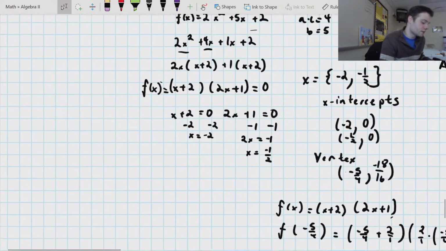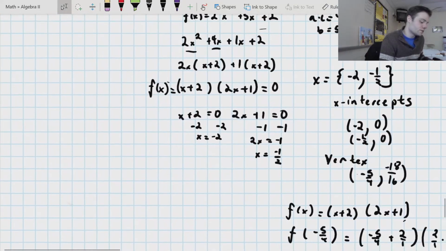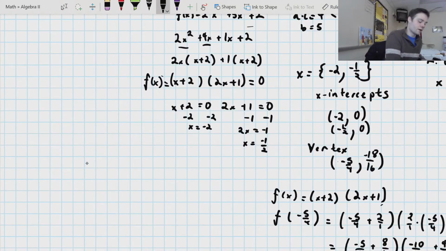So I've got my 2 zeros, my x-intercepts, and my y-intercept. My 2 zeros, which are our x-intercepts, and then my vertex. So I'm going to start with a vertex this time. You didn't see it other times, but whatever.